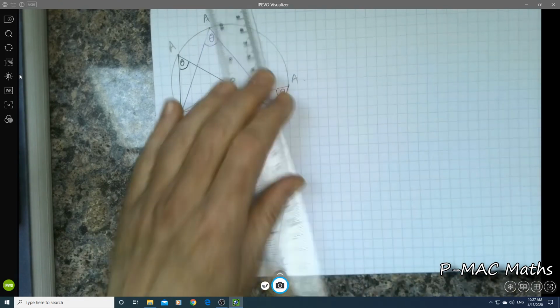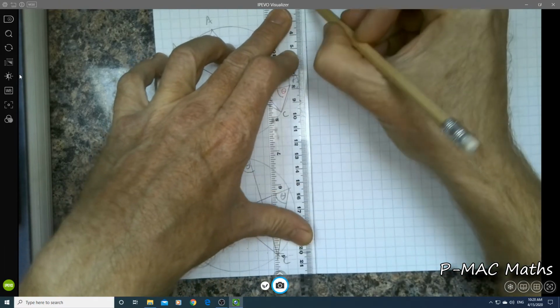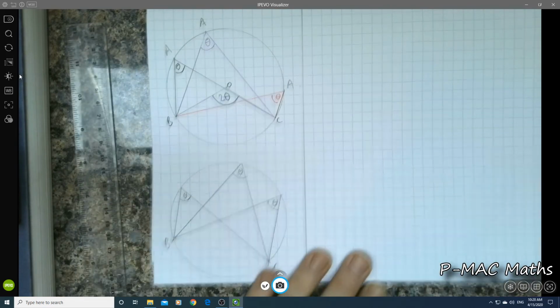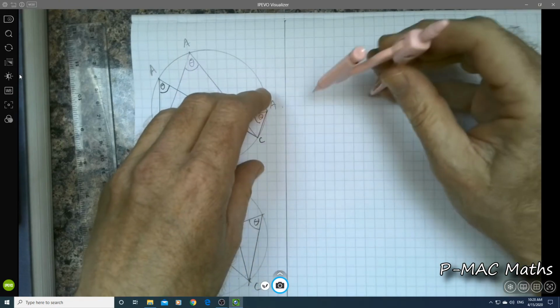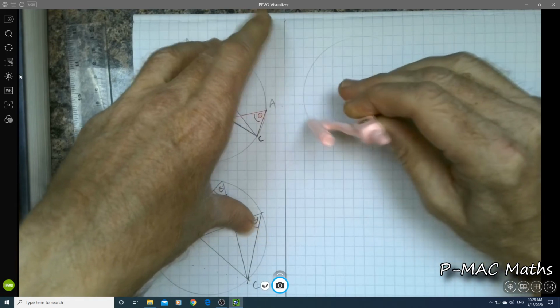Now, the second useful one is a sort of special case of angle at the centre versus angle at the circumference.